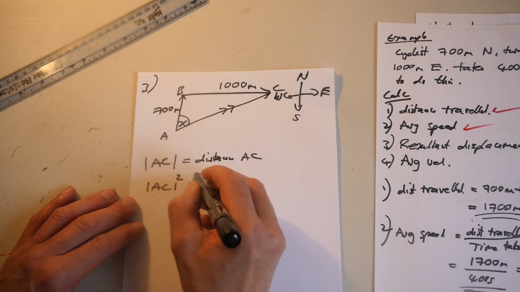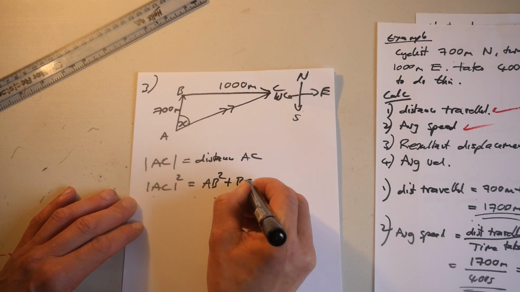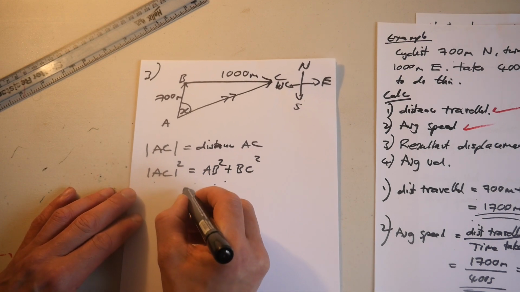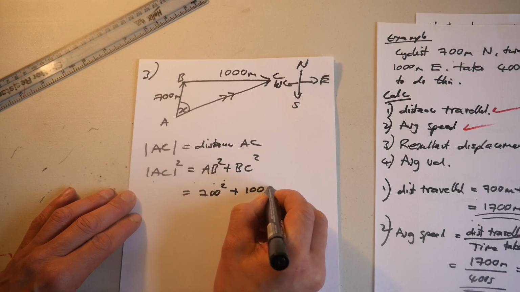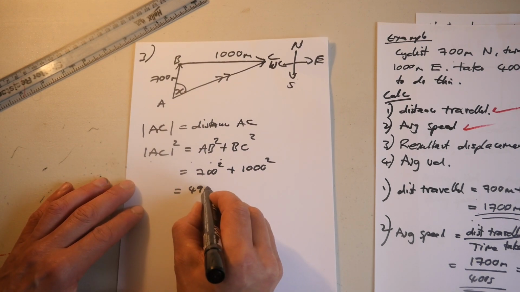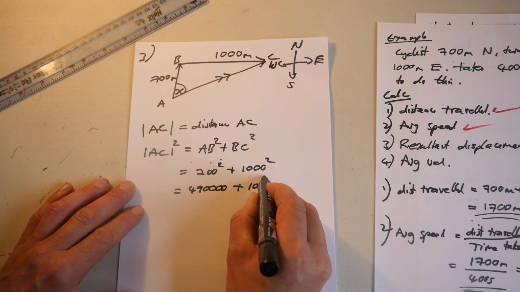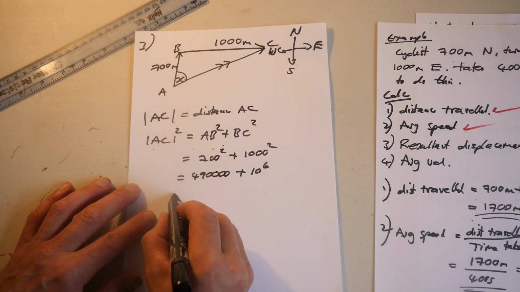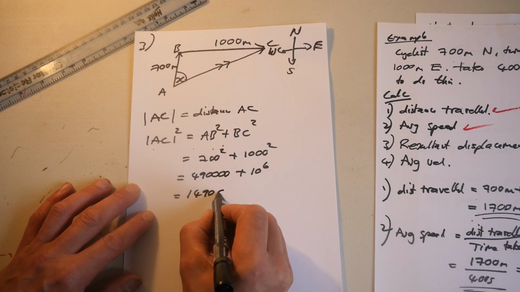AC squared equals AB squared plus BC squared, which equals 700 squared plus 1000 squared, which equals 490,000 plus a million, which equals 1,490,000.